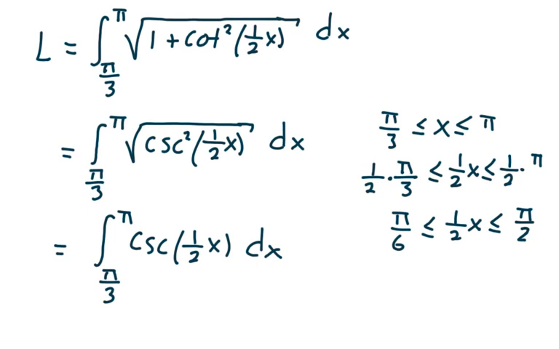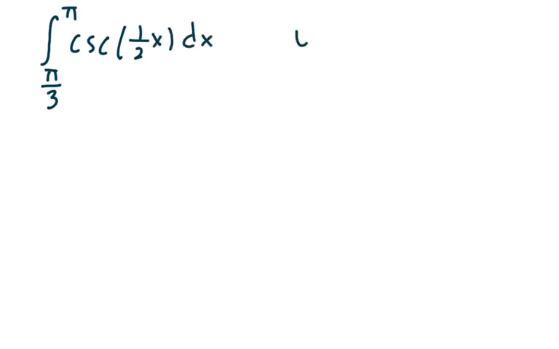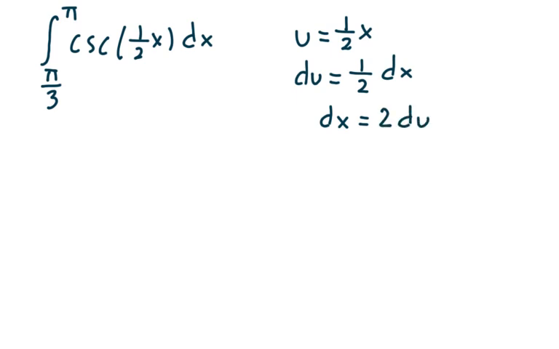Now, let's give ourselves some room. So we have the integral from pi over 3 to pi of cosecant of 1/2 x dx. I'm going to let u equal 1/2 x. du is 1/2 dx. Solving for dx, I get dx is 2 du.